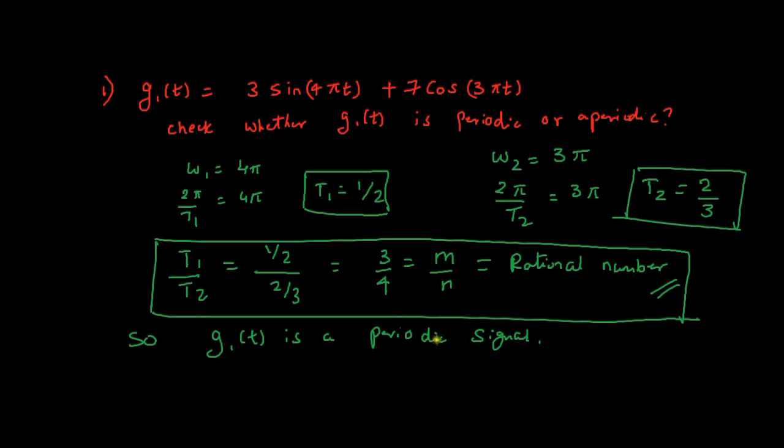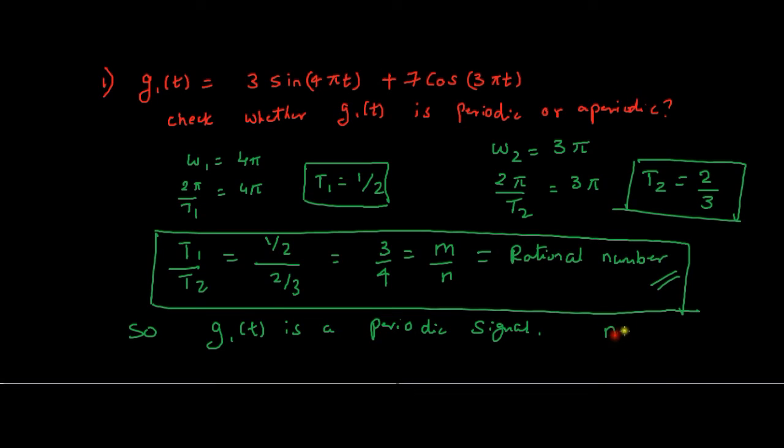So since it is a periodic signal, it will have a fundamental period. That fundamental period can be calculated this way. Since these two, n t1 and m t2, are there, the fundamental period will be n times t1.